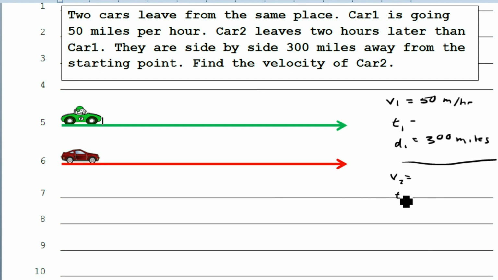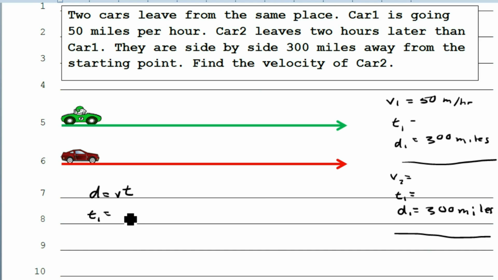There's no mention of time, but the distance is also 300 miles. We don't know the time. We have D equals VT, but we're given V and D, and we can figure out what T is.